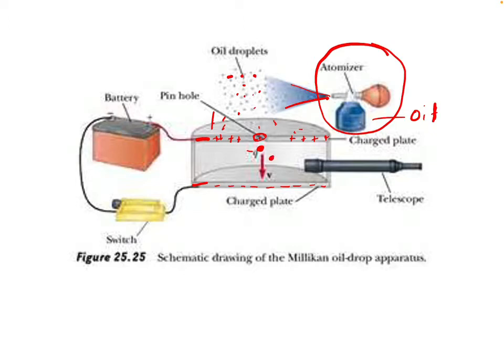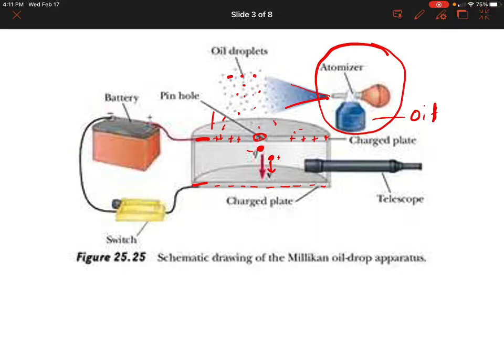Well, the really important thing is, if we have an oil droplet here that's staying still, we know that, and it has a, did I say a negative charge? I meant a positive charge. Oops. So if this droplet has a negative charge, what's happening?